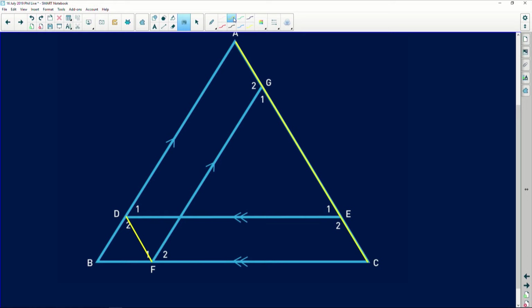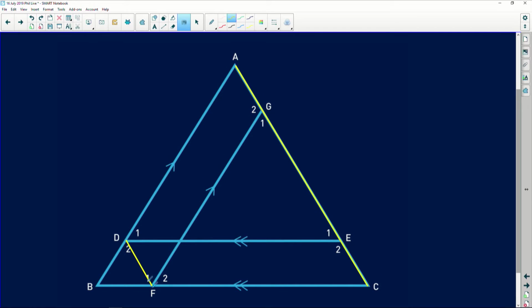Remember, if you're given a triangle and you have a line that's drawn parallel to one side of the triangle, you know that it immediately divides the sides in proportion. But now if you're trying to prove that a line is parallel to one side of the triangle, you need to show that the sides are in proportion where they get cut by that parallel line. So we need to go backwards. So we need to prove some proportion.